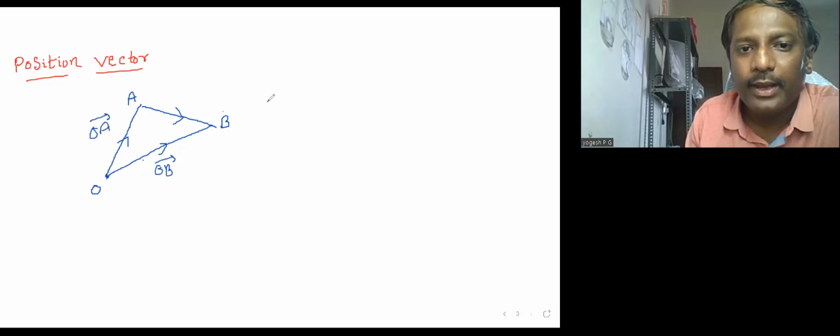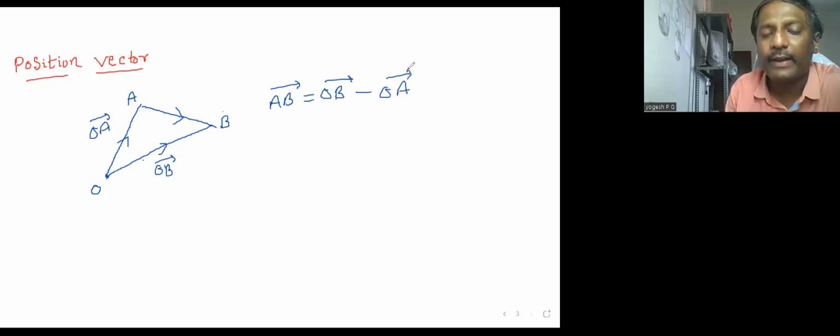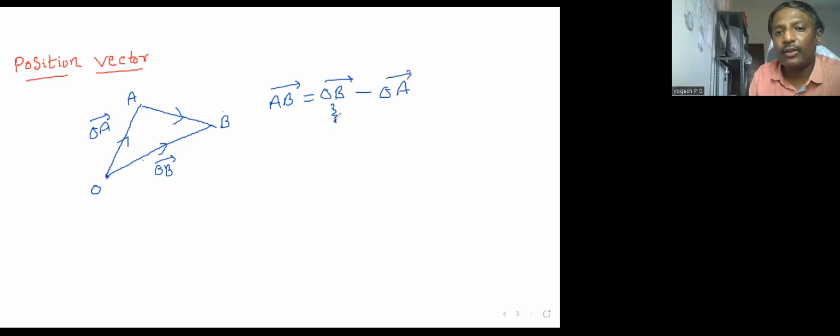If you want to find what is the AB vector, please remember it is OB vector minus OA vector. Position vector of B minus position vector of A is called the vector AB. So what is vector AB?